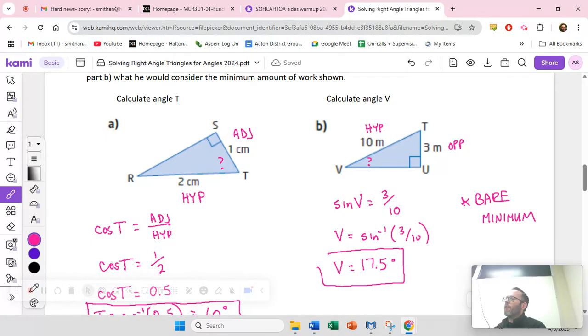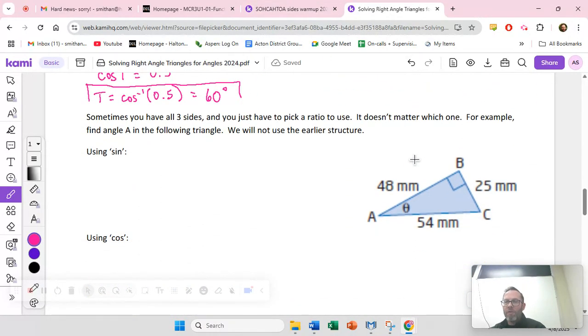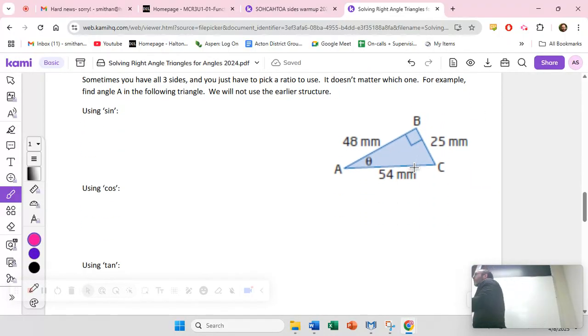We're going to start releasing the responsibility to you guys and doing some different types of questions. So just like the warm-up, sometimes you guys have more information than you need. This triangle has all 3 sides, and you guys are asked to find the angle at A, labeled with theta there.